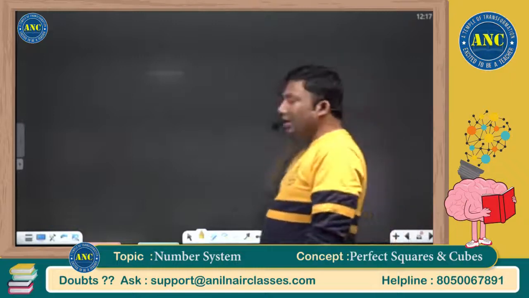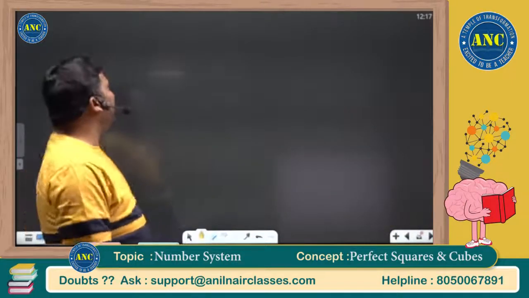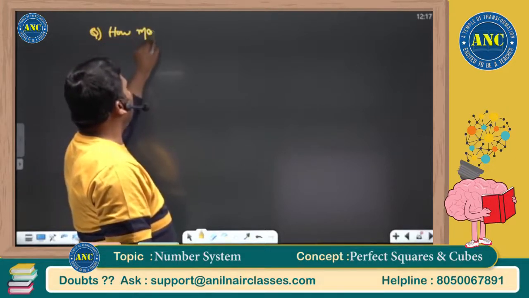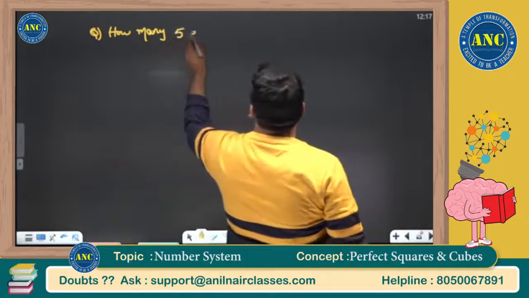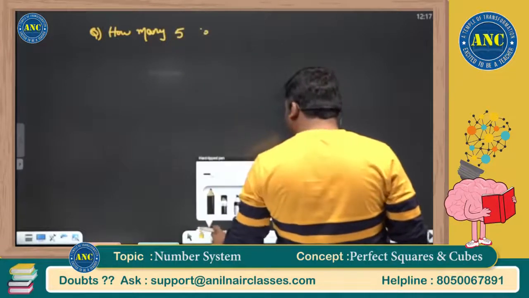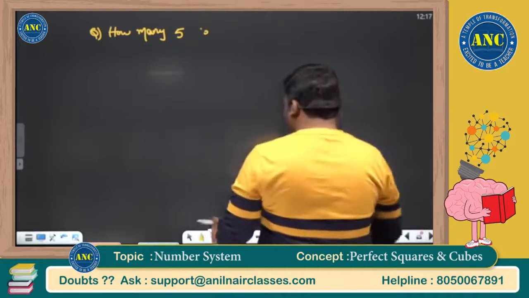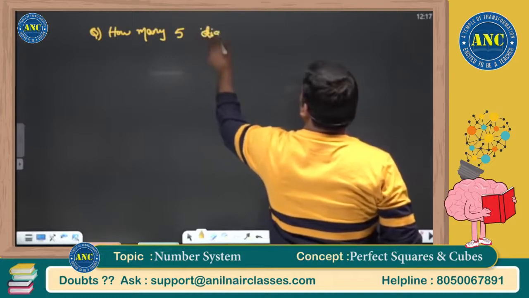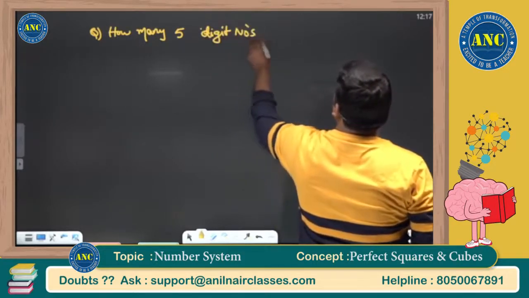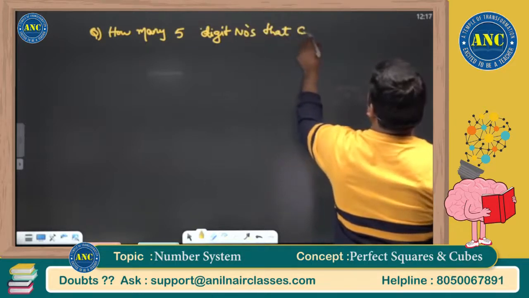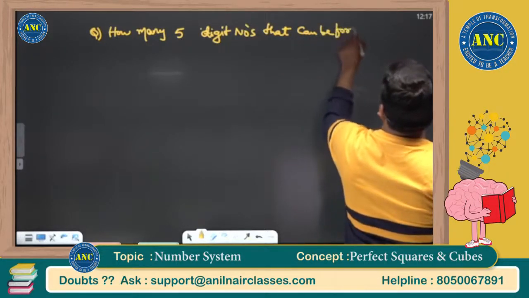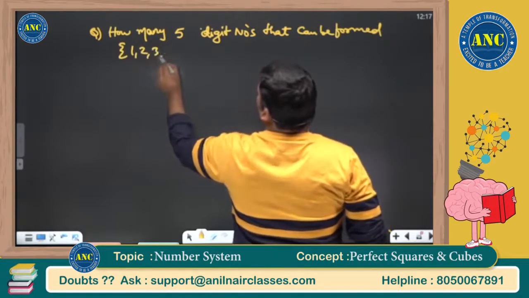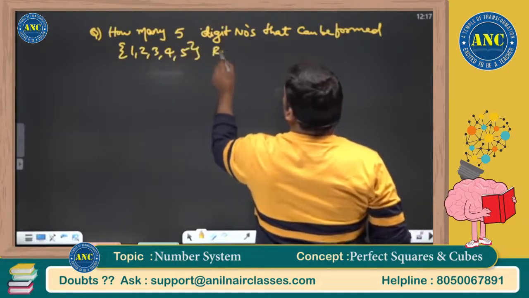Now see here. Next one, please write down, sir. This is a very, very good CAT question. How many 5-digit numbers can be formed using the digits 1, 2, 3, 4, 5, repetition not allowed, are perfect squares?